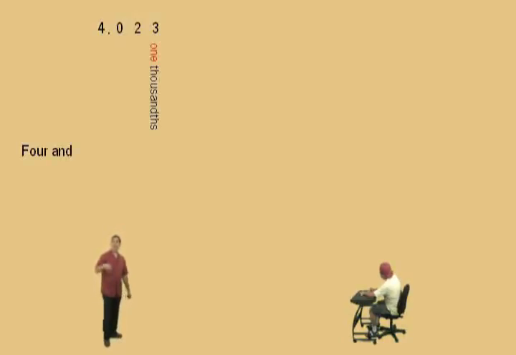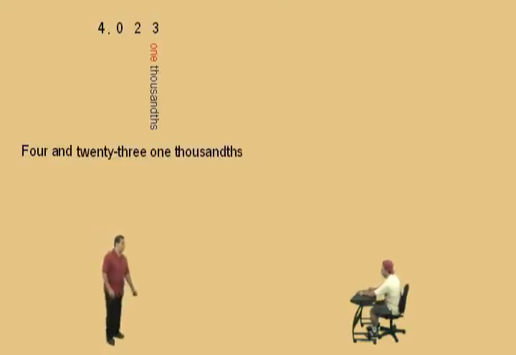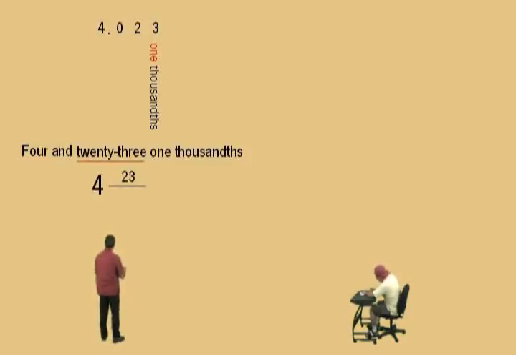And now, here's where we're using the word and because we have a mixed number. We have 4 and what, Charlie? 23 1,000ths, that's right. Now, let's write the number as a mixed number. Watch. 4 and 23 1,000ths. There it is. There is the mixed number notation for that decimal up there.